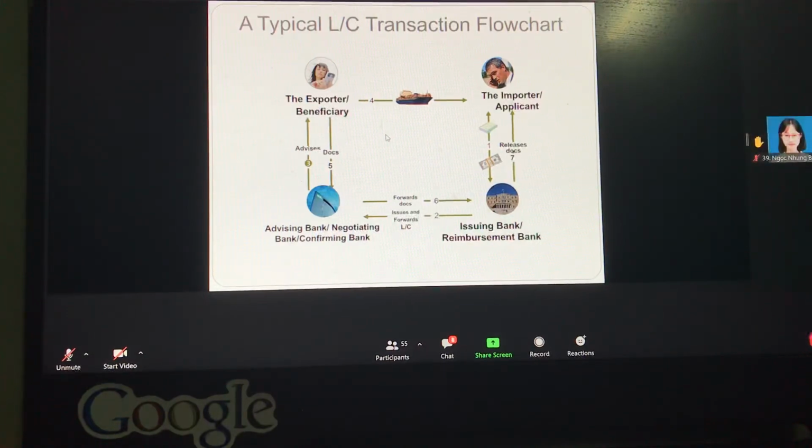And only one thing I want to add is, with the high reputation bank, the outstanding bank, you don't worry about the way they check the documents. They will check the documents with international standard, tiêu chuẩn quốc tế. So you don't worry.